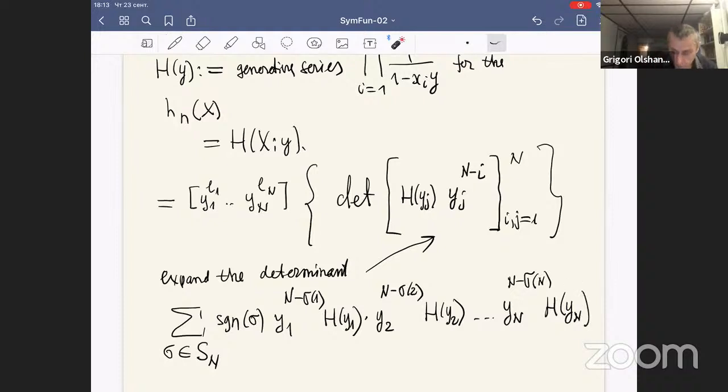And what next? We want to extract this coefficient.